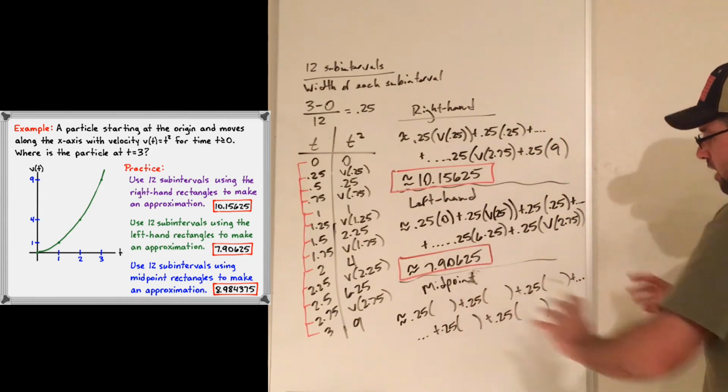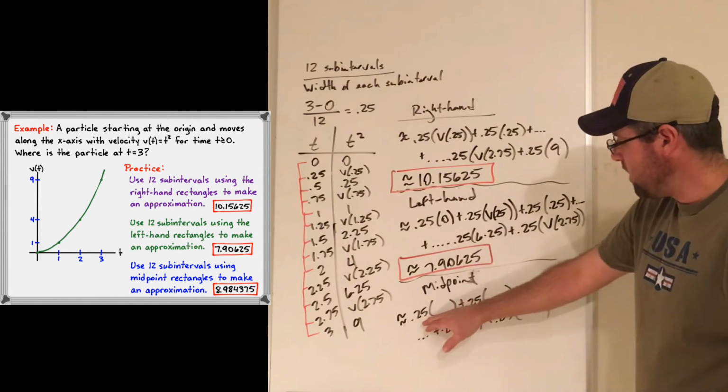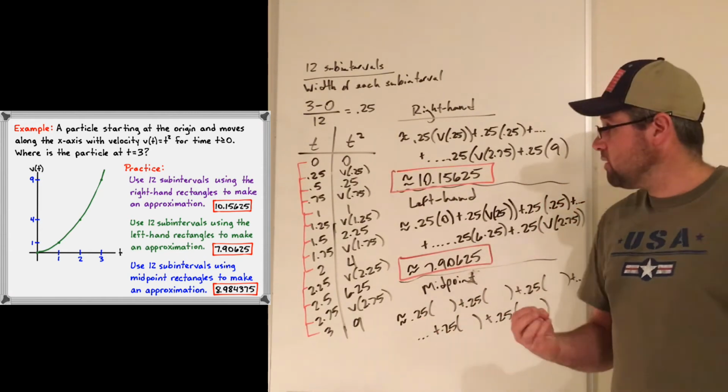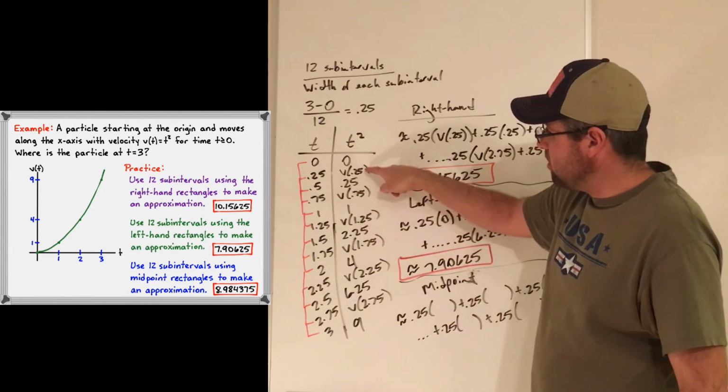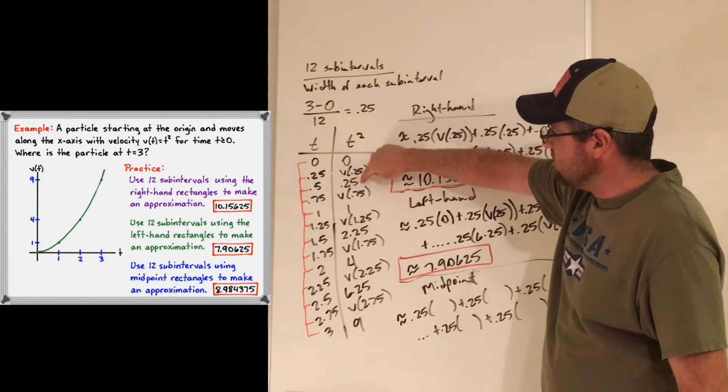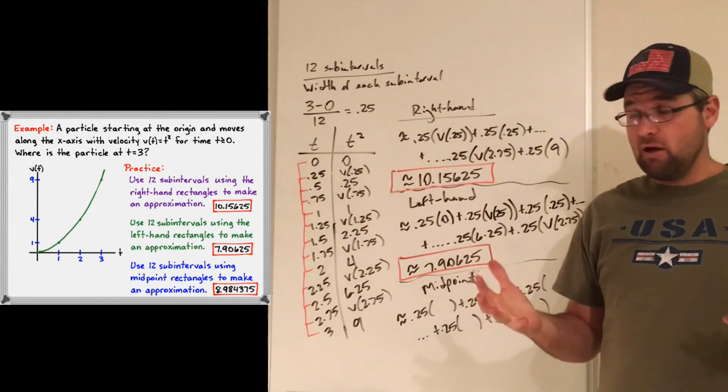So again, you need 12 subintervals and they all look the same. The widths are all 0.25. But if I want to find the midpoint values, this is not the midpoint values. This is the left and the right. The left and the right, the left and the right. We need to find the middle of those.